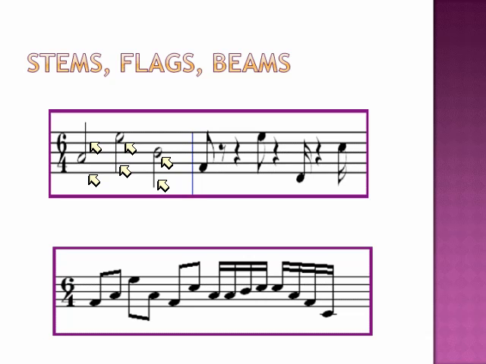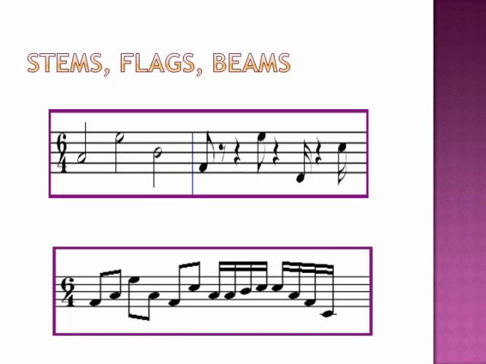Now, stems are placed on the note depending on whether the note is below the third line, or the middle line, this line right here, the middle line of the staff. If it's below the middle line, then the stem goes up and to the right of the note. So I'm going to say that again.